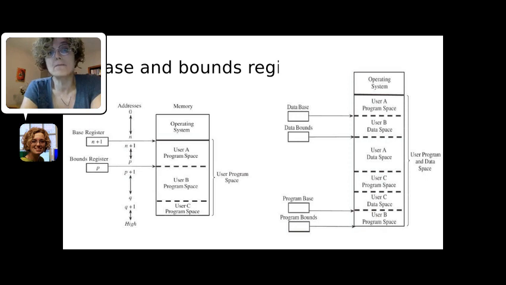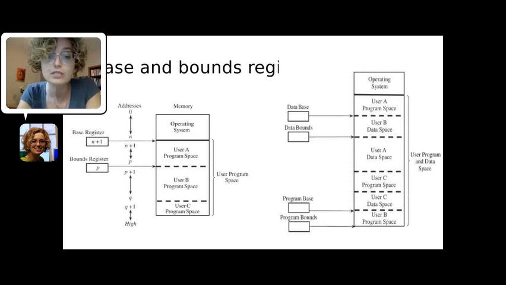Now, with a base, we know where the space starts for the operating system, for user A, for user B, but we do not know where it ends. So for that, we need a bound register, an upper bound register. And as you can see here, for example, for user A, their base user space starts from n+1, and their bound is up to P, and user B's space starts from base P+1, and so on and so forth.